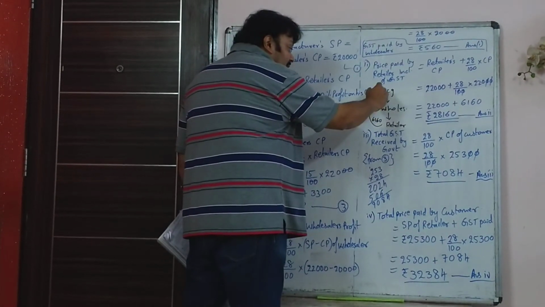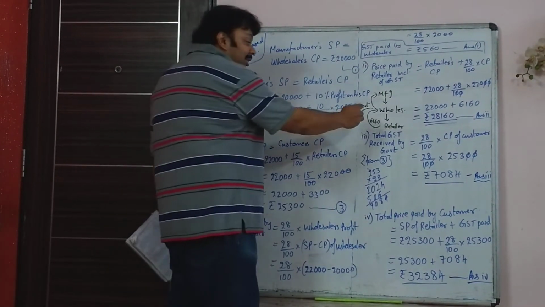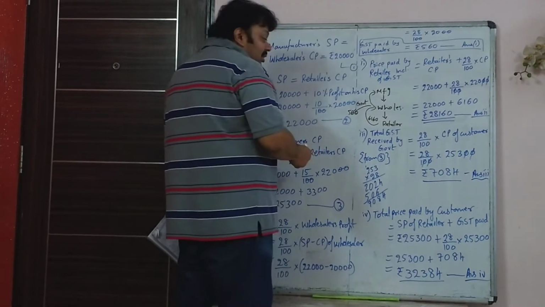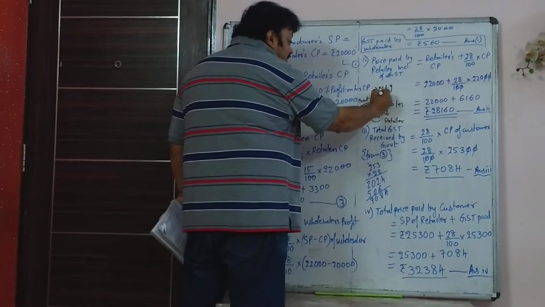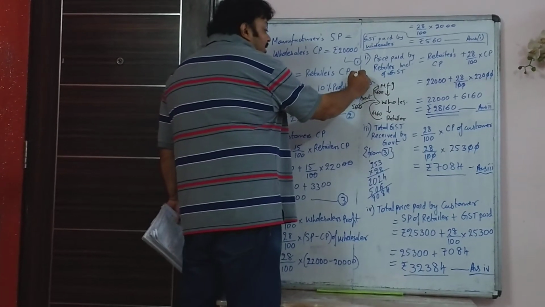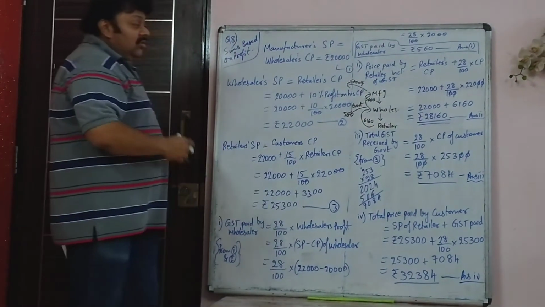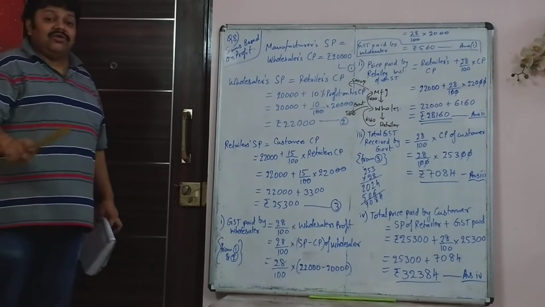The remaining money he would have paid the manufacturer in the bill. So the remaining is 6160 minus 560, that is 5,600 rupees, which would have been paid as GST to the manufacturer, and the manufacturer would have paid that 5,600 rupees to the government. So remember that chart, but you don't have to make any chart in this.